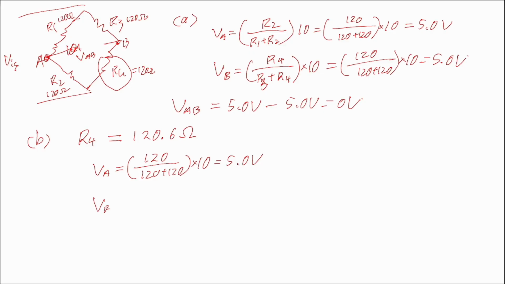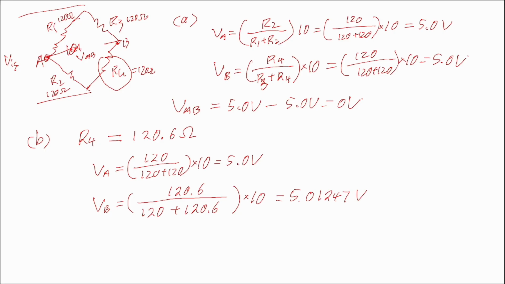Whereas V_B, this time, the denominator becomes 120 plus 120.6, and the numerator is R4, 120.6 times 10. So in this case, we'll get 5.01247 volts.